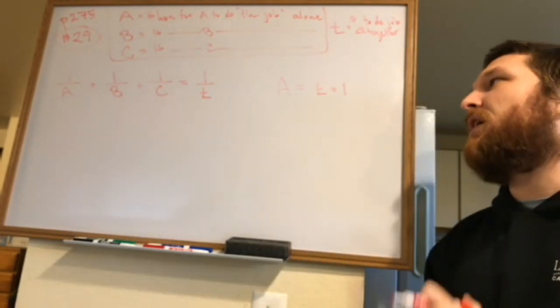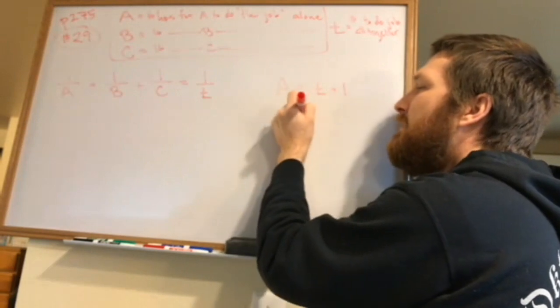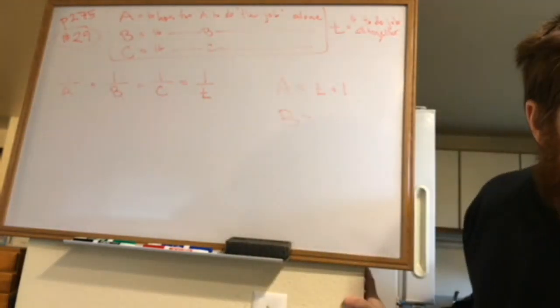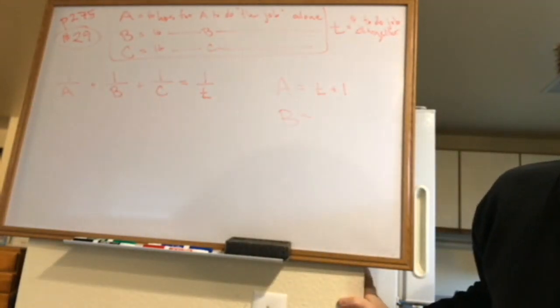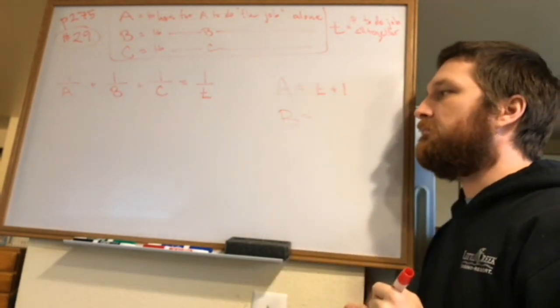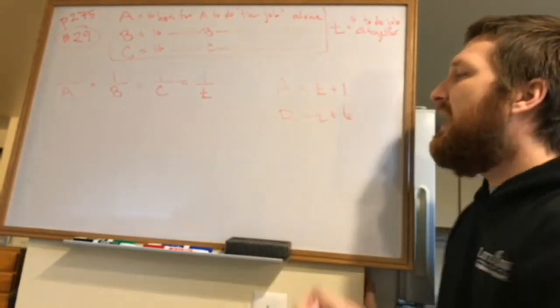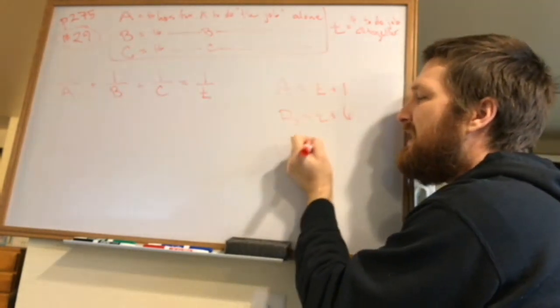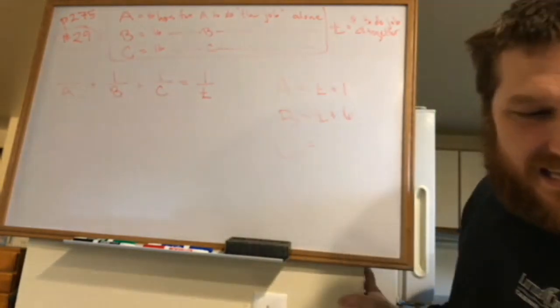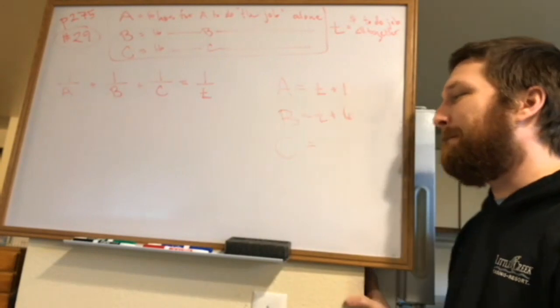So if that's the case, then B must equal what? If it says that it takes B 6 extra hours, then B is what? T plus 6. T plus 6. Okay, T plus 6. And then it says truck C T extra hours. So what would I write?